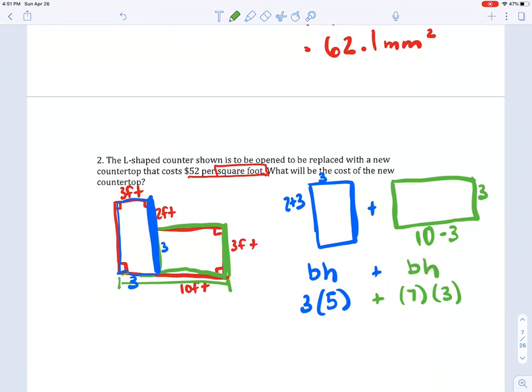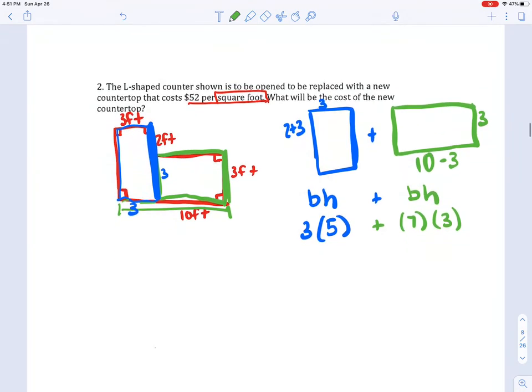So again, we started with our picture, labeling the parts. Second, we used our formulas, and now you can go to your calculator and plug in. 3 times 5 gives me 15. 7 times 3 is 21, for an area of 36 feet squared.